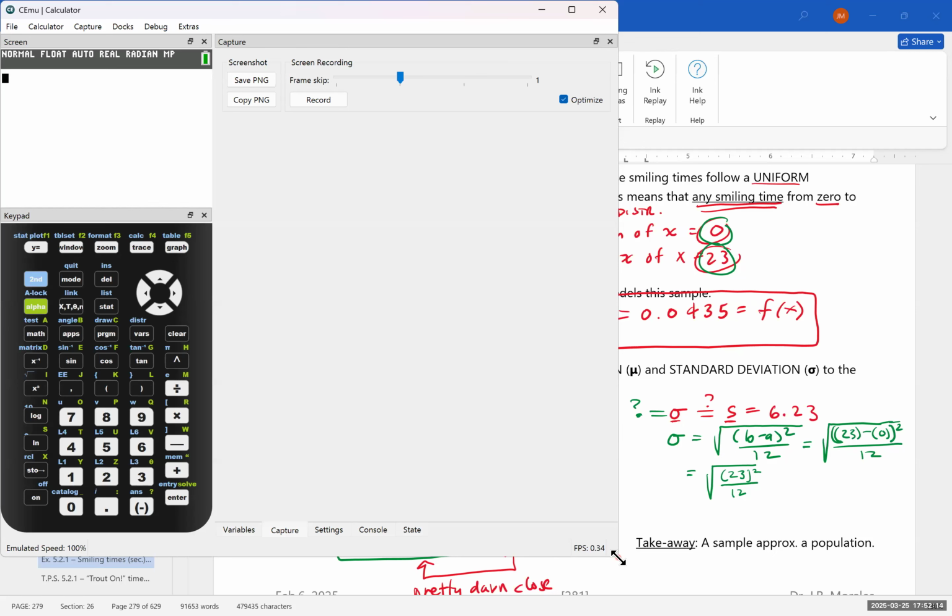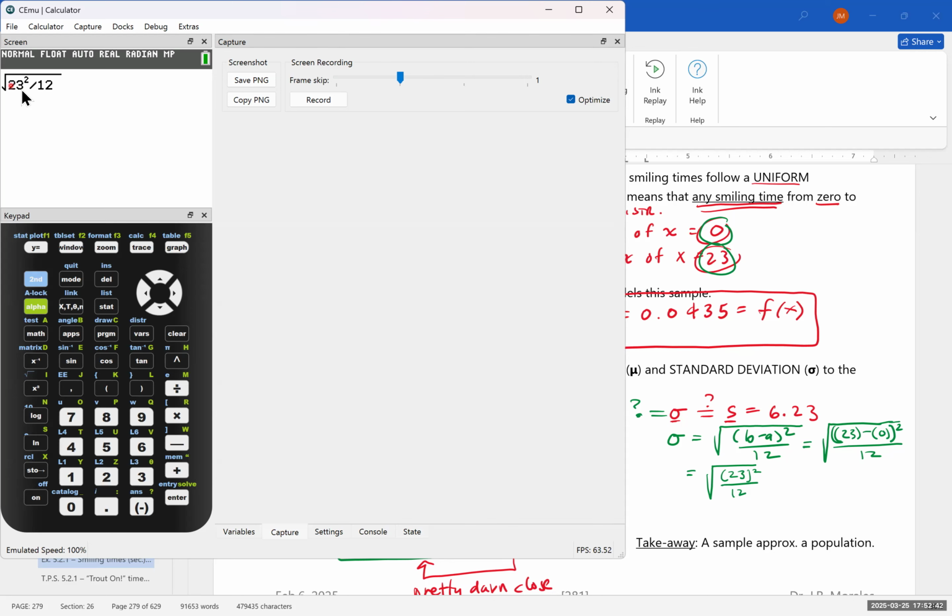No, it's about as big as it's going to get. All right, so let's see if we can try and mimic this here on the Texas Instruments. So we're going to have the square root of 23 squared divided by 12.